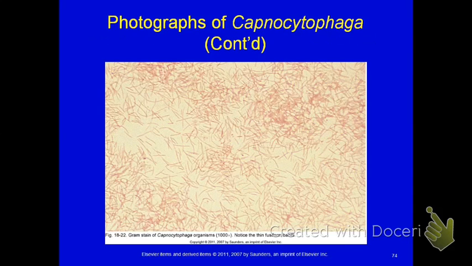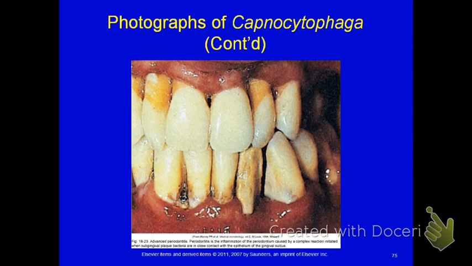So, here's another gram stain photograph of Capnocytophaga. And this is an advanced periodontitis, which is different from dental caries because in periodontitis, even the surrounding gums, aside from the teeth, the gums, and the alveolar bone deeper here, are infected.